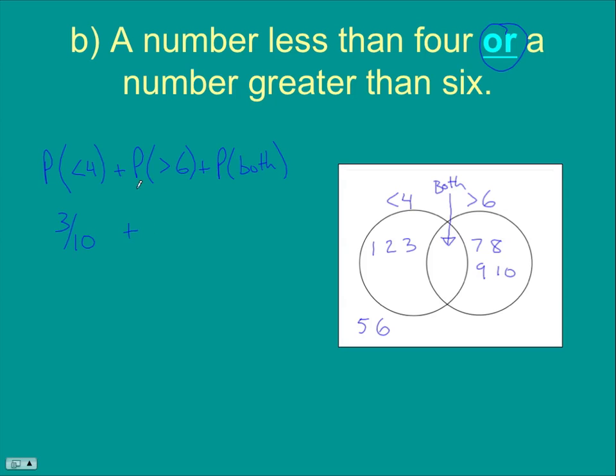And then plus the probability of greater than 6, which is a 4 in 10 chance. And then minus the probability of both, which is going to be 0, because they both don't happen at the same time. So here, we're going to get 7 out of 10, or 70%.